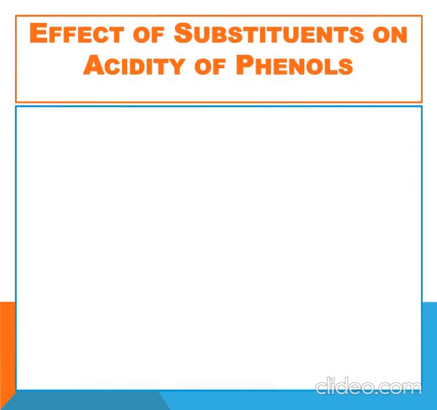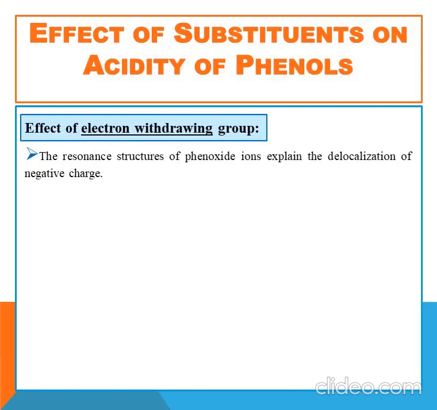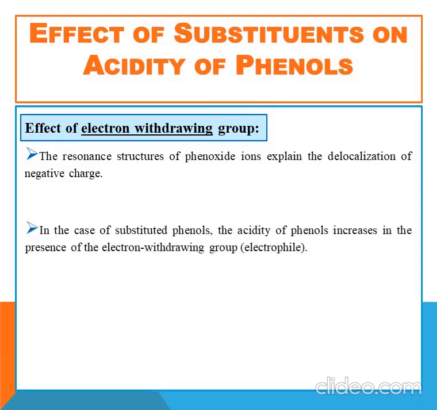Effect of substituents on acidity of phenols. First is the effect of an electron withdrawing group. The resonating structures of phenoxide ions explain the delocalization of negative charge. In the case of substituted phenols, the acidity of phenols increases in the presence of an electron withdrawing group. What happens if an electron withdrawing group is present in the phenyl ring?